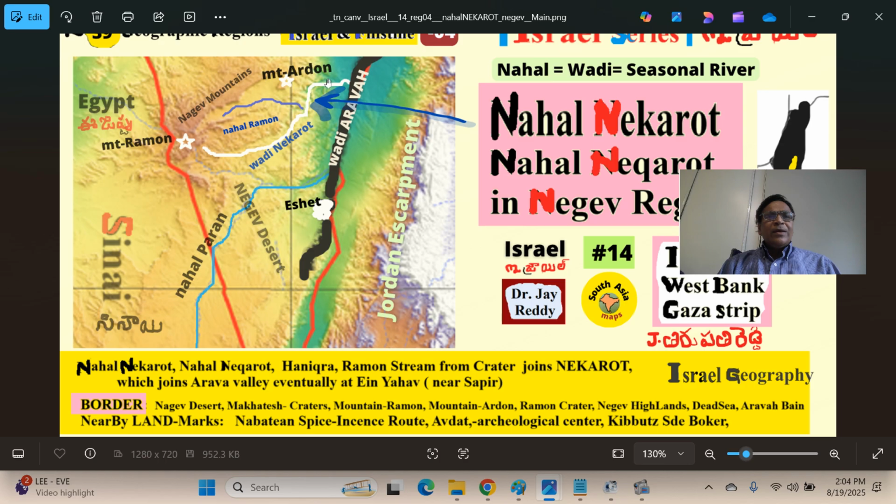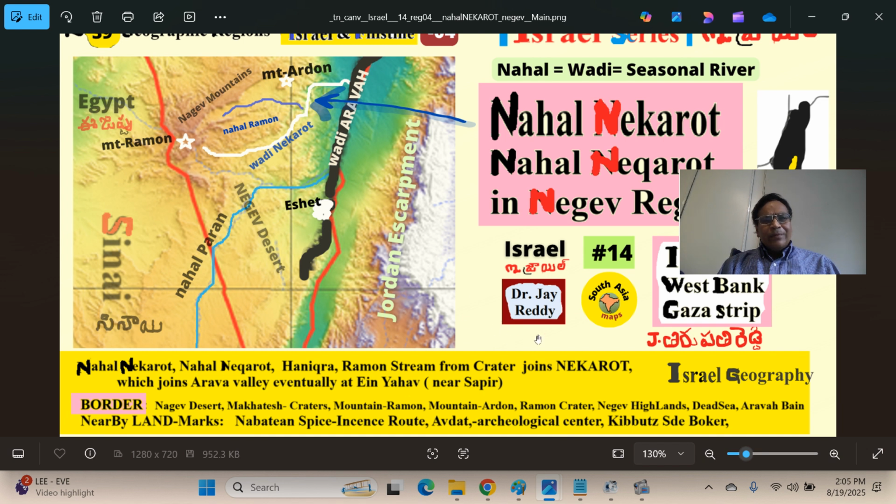All the eastern part is Mount Ardon, about 900 meters or so. Remember how that compares: the Dead Sea level at certain portions is below 400 meters below mean sea level. So the crater, the Negev, the Dead Sea area, the Arava Basin.